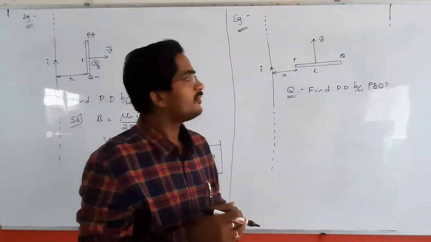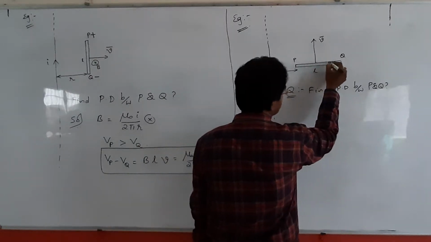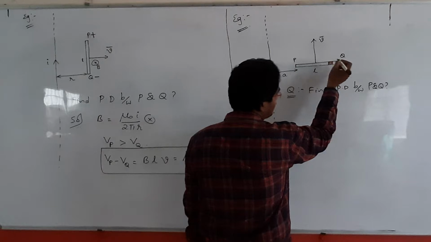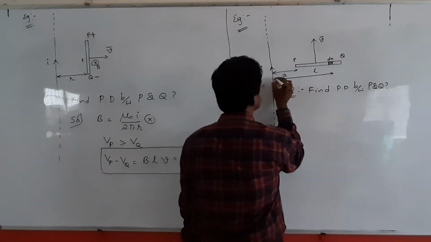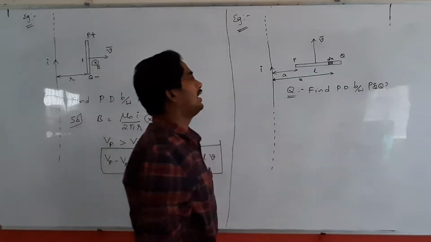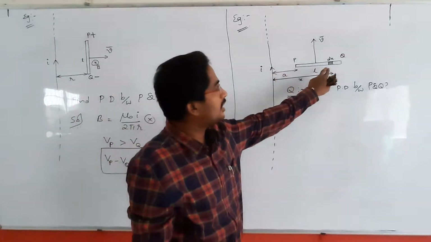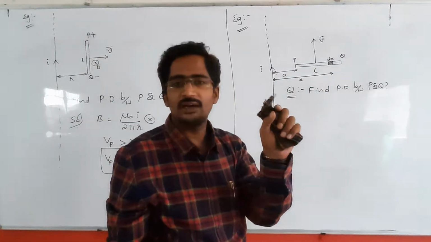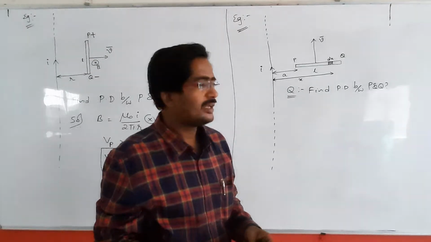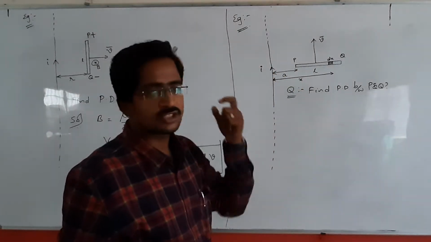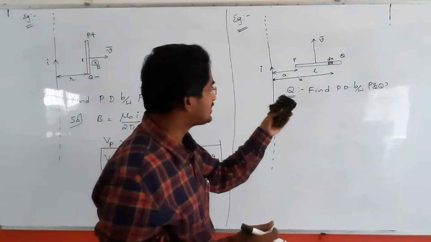For that we take a small element of length dx at a distance of x. First we find the potential difference across that element, and afterwards we integrate it.